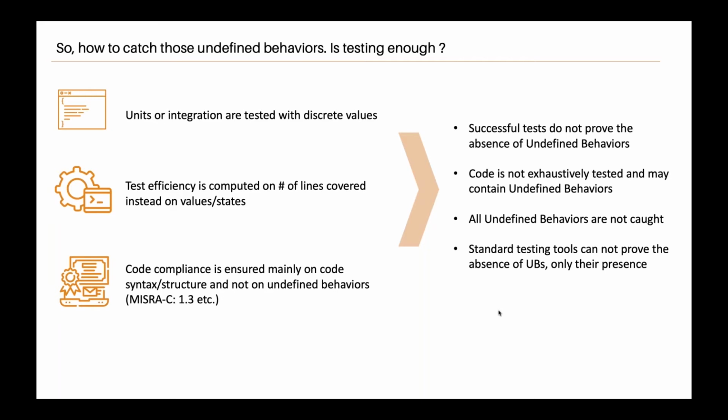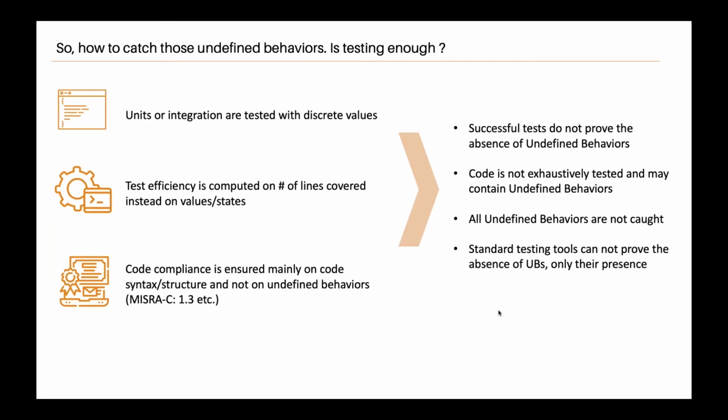It's a tricky question, because most tests are done with discrete values. Even if it works for 1,000 values, maybe it's not going to work for the 1,001st. So it's not enough to test with discrete values.